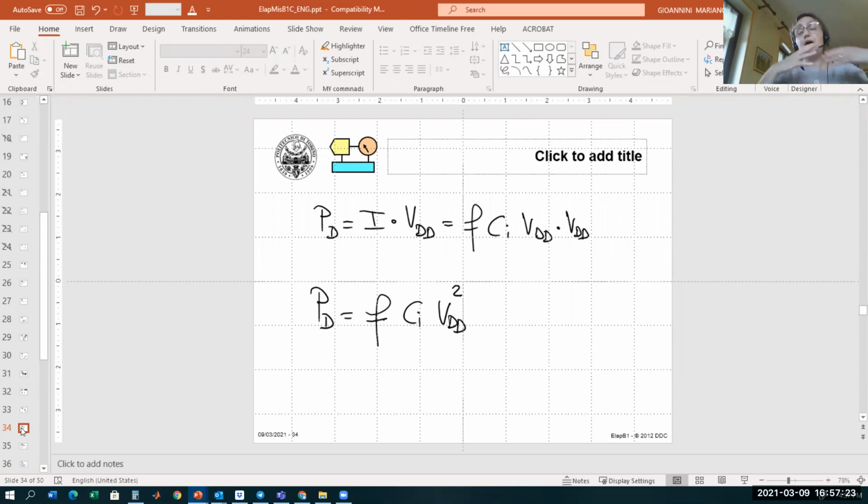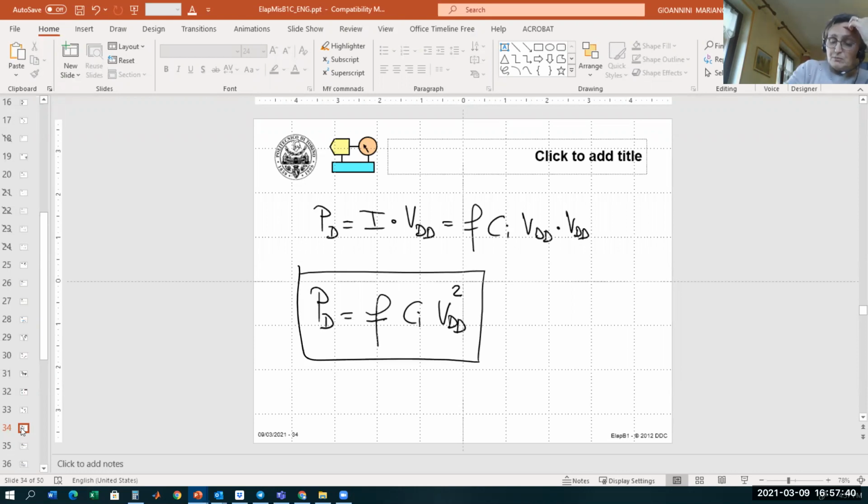And this is the power I'm consuming for continuous transitions, low to high, high to low, and vice versa. So if I assume that on average this is the transition rate, I can say that this is the dynamic power consumption that is necessary to switch my output at a working frequency, at a rate given by this frequency F.